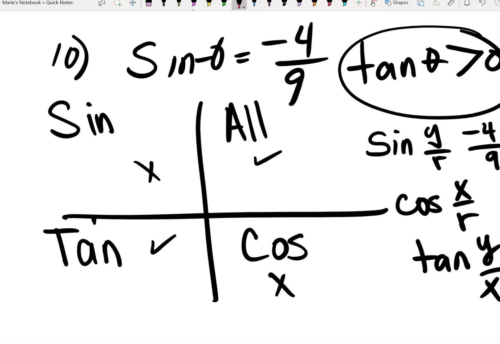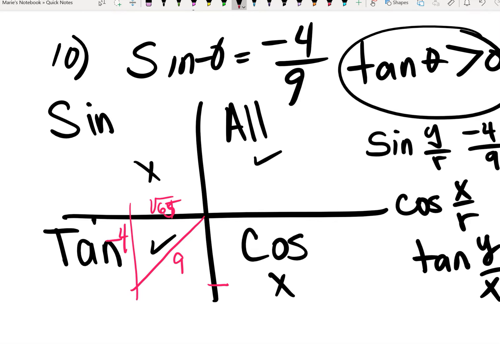So in that case, I know that x has to be over here somewhere, and this is the only way that y would be negative. So y would be negative 4, your r is 9, and your x has to be square root of 65, which is approximately 8. Okay?